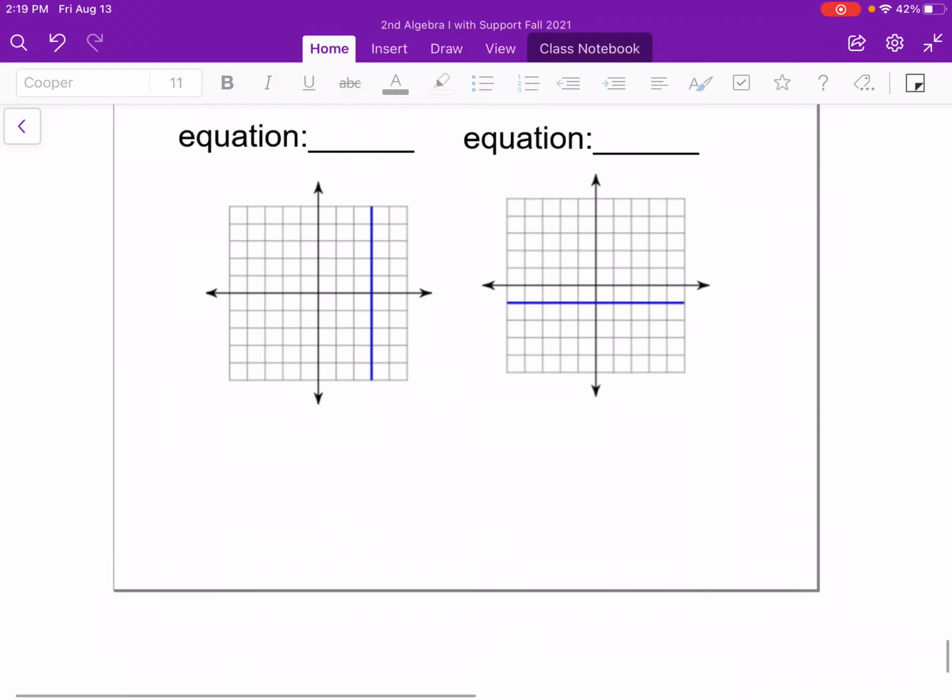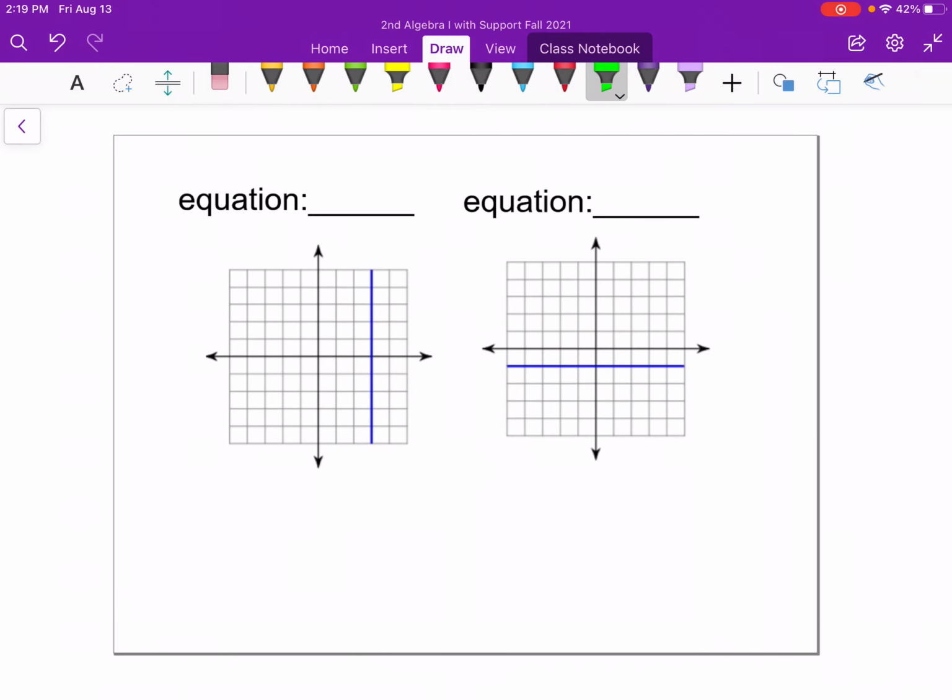Okay, so let's look here. This is a vertical line. So here's how I remembered this. I'm going to take 2 points. This is the point 3, 0, and right here is the point 3, 2. See how my x values haven't changed? That means my equation is x equals 3. And if I take 2 points on this next one, let's say I took here and here, that would be the point 1, -1.